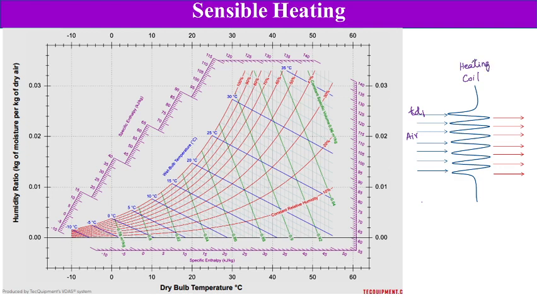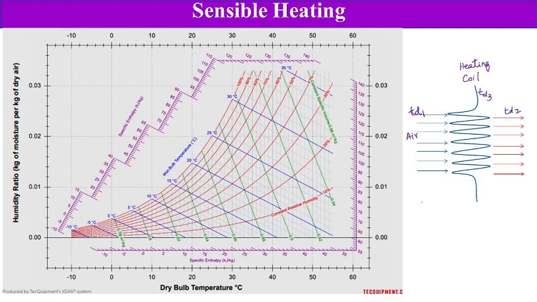Over this heating coil, air having dry bulb temperature TD1 is passed, whereas the temperature of the heating coil is TD3. The air which is passed over this heating coil comes out at a temperature of TD2.